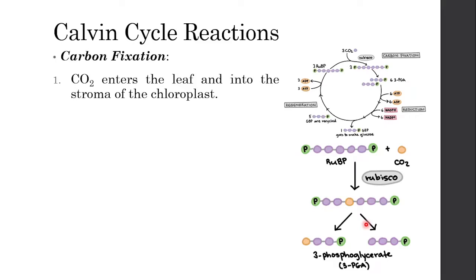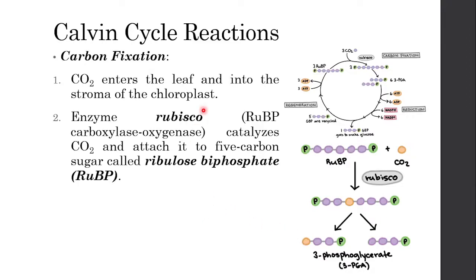The first thing that happens is we need CO2. The carbon dioxide enters the leaf, passes through the mesophyll, and goes into the chloroplast that you will find in your mesophyll cells. Then in the chloroplast's stroma, the whole Calvin cycle starts to happen. We have an enzyme called Rubisco, short for ribulose biphosphate carboxylase oxygenase.